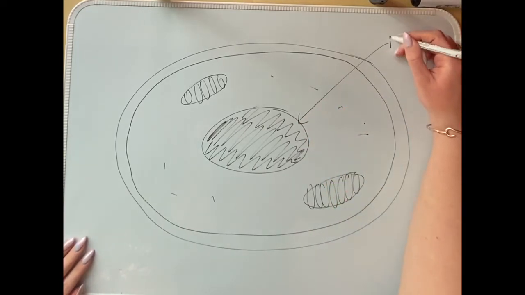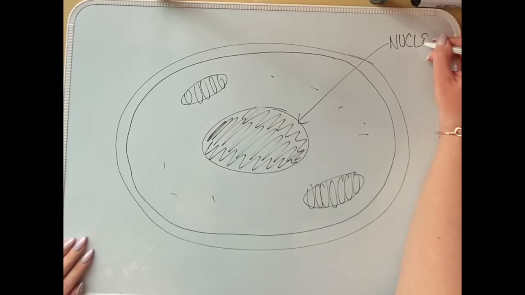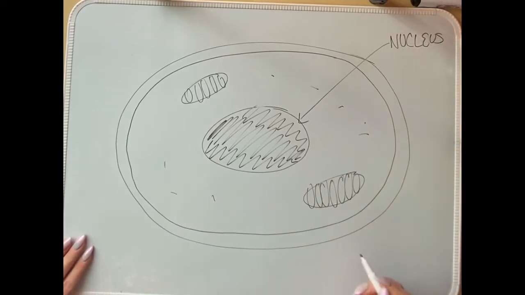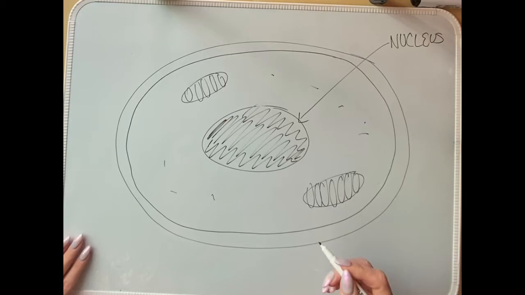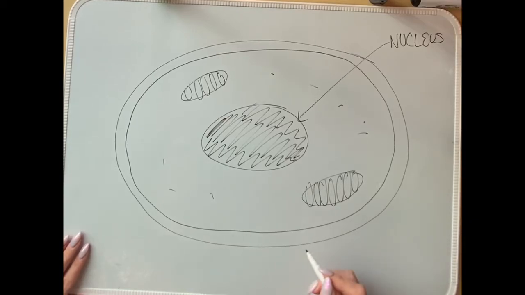Our first organelle is the nucleus. The nucleus controls the functions of the cell, and it contains DNA. DNA is very important, as DNA is the genetic material of our cell. The nucleus is normally represented as a shaded circle in the cell.